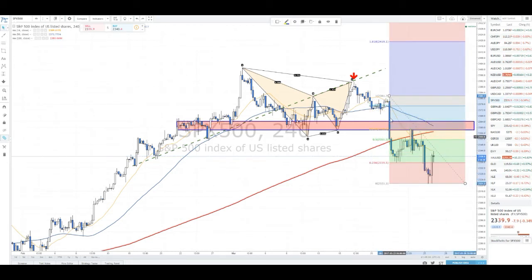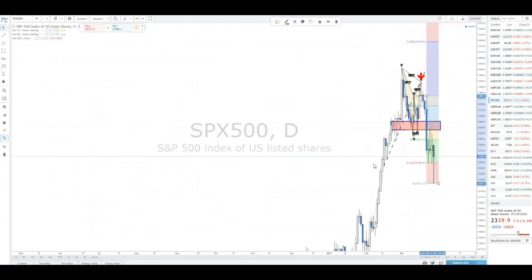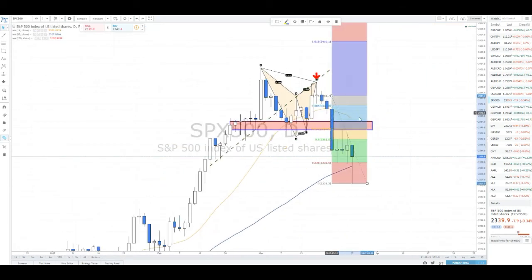So everything pretty much collides into this zone, and if we zoom back out to the daily chart, we can see that the fast MA line here is approaching from above and should act as resistance if the price meets it. So 2360, that's the focus zone if you are looking for a bearish continuation wave in SPX.